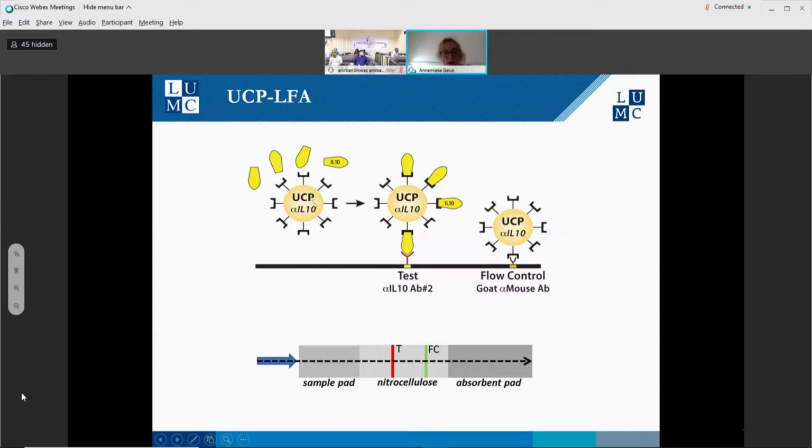So these are the antibodies that are labeled with the UCP nanoparticles, and they can bind IL-10 in the sample, and then the IL-10 bound UCP-labeled antibody can again bind to the other antibody, which is on the test strip, so that you have a sandwich, but then on a lateral flow strip. So it is a lateral flow, which is cheap, which is low complexity, but then using the high-tech UCP particles on it.